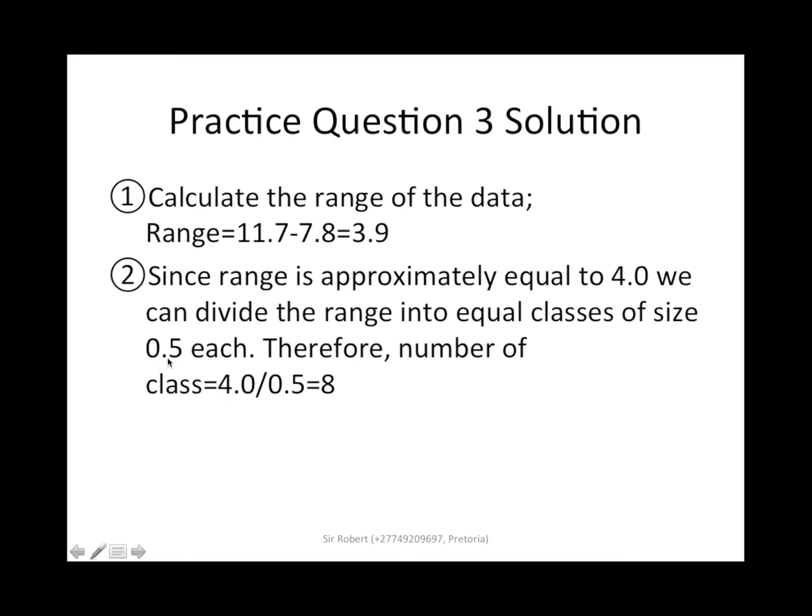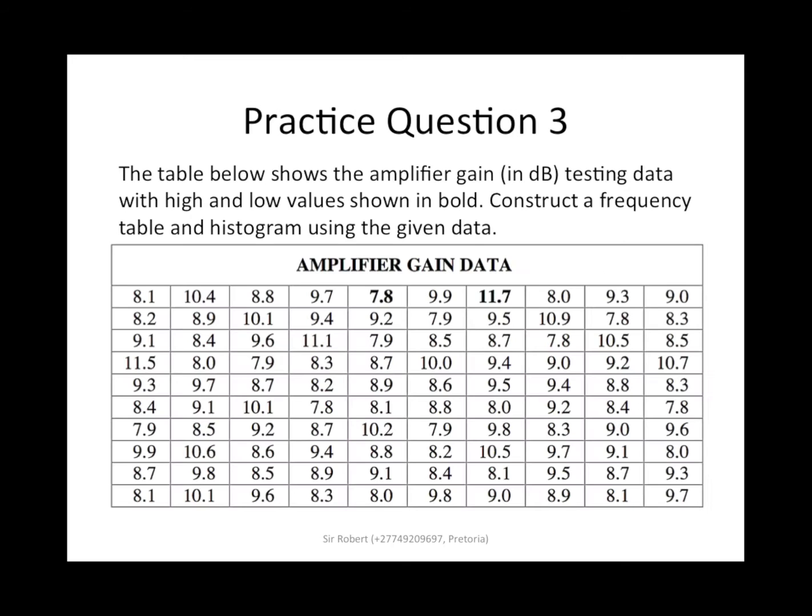This 0.5 is what you determine. You can divide it into classes of 0.1, but there will be too many classes. If you use 1.0, you only have about 4 classes. So I chose 0.5 because 8 classes are quite reasonable to deal with, because remember your data is quite a huge data set, as you can see.